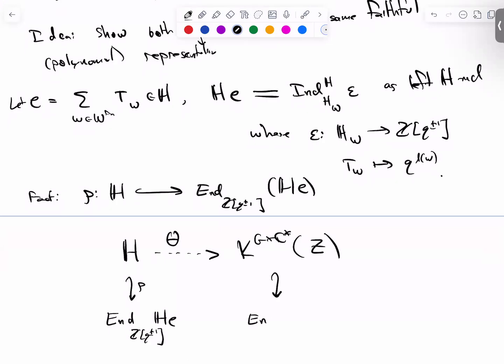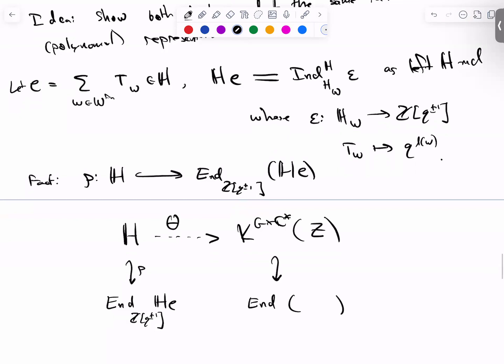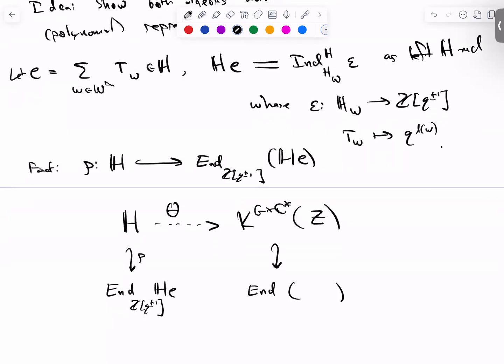Do you want to take a guess what representation we take? It should be K-theory of something. It's K-theory of Springer.